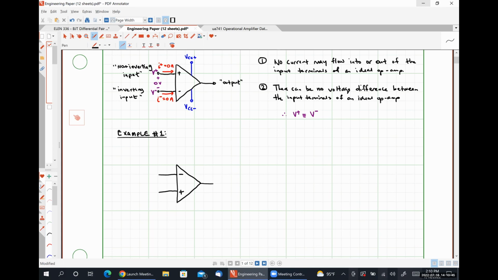Okay. So one thing that I can do is connect my non-inverting input terminal to ground. I'm going to place a 5 kilo ohm resistor between my inverting input terminal and my output terminal.